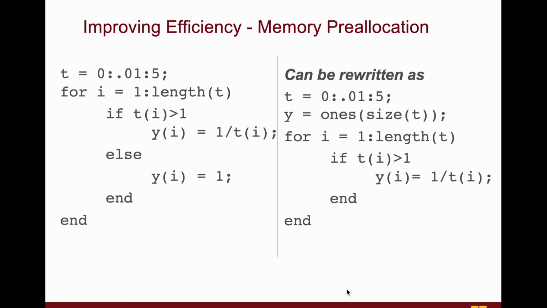If t_i is bigger than 1, we give y_i, the ith element in the y vector, to be 1 over t_i, else y_i equals 1. So as I increases while running the for loop, the y size will increase again and again. But we didn't predefine a space for this y vector because we don't know how long this y vector will be.